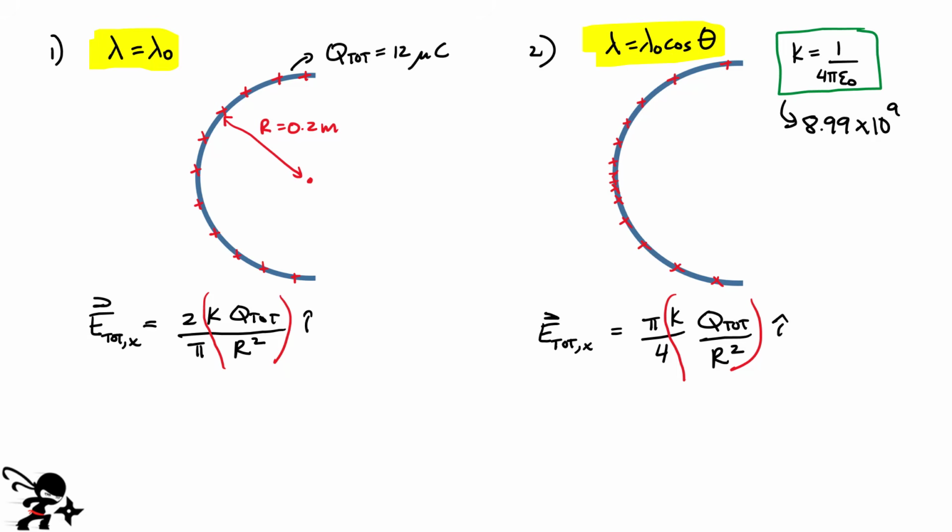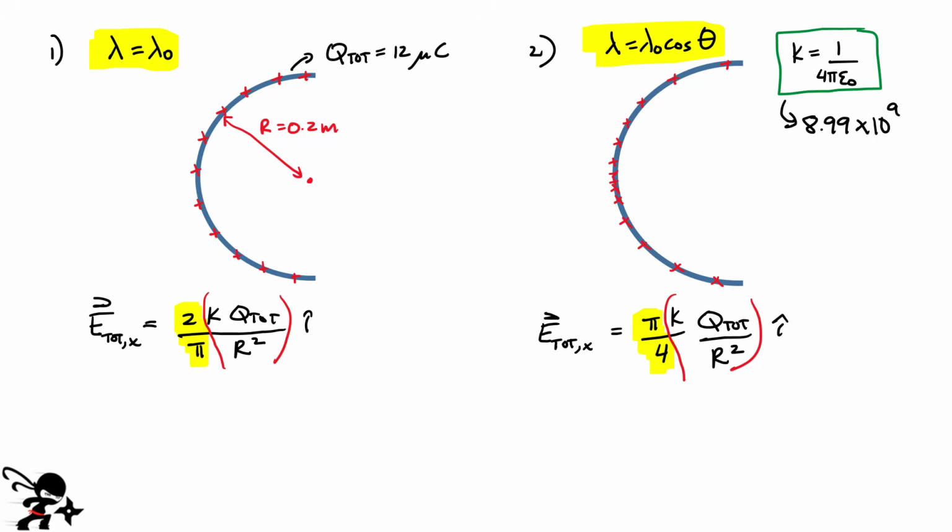But this looks like the field produced by a point charge located a distance r away with a magnitude equal to 12 microcoulomb. The geometry has introduced this numerical factor in front: we have 2 over pi for the uniform ring, and pi over 4 for the other ring. That's kind of an interesting result.